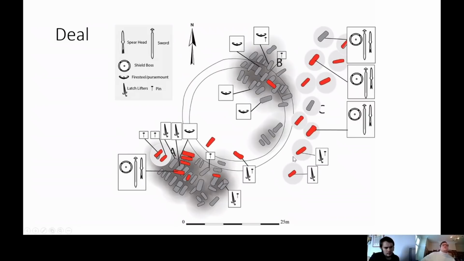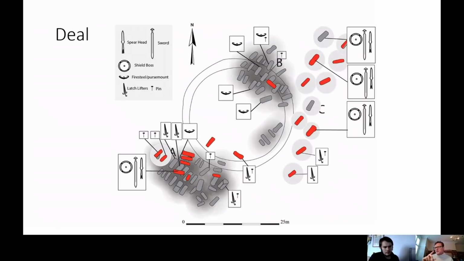Now, what I do in this book and in previous publications is to start to think about how those chronologies work socially. So in the chapter on chronology, I'd be thinking of these two clusters here, burials to the north and south of this barrow, A and B, as spatially distinct, which I've established in the first chapter.